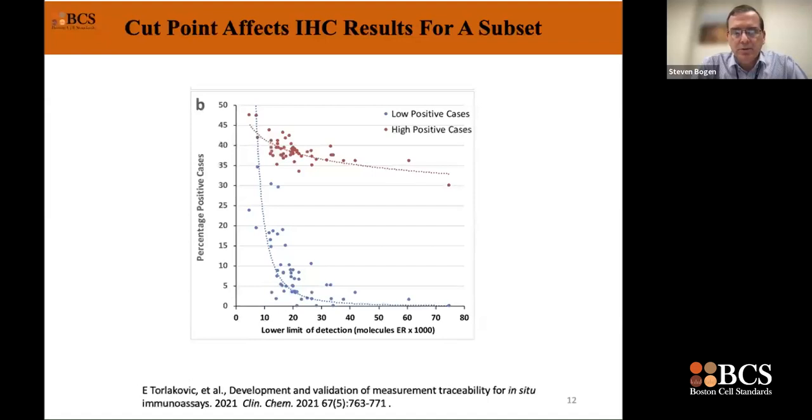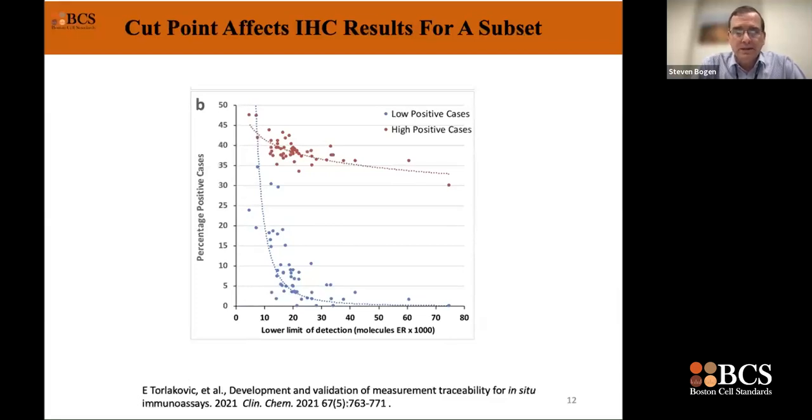So the upper curve in brown, the high positive cases, reveals that regardless of the cut point, roughly 35 to 45% of the cases are positive. So these cases express estrogen receptor concentrations that are above pretty much all the cut points of all the laboratories, so that the exact one really doesn't matter.